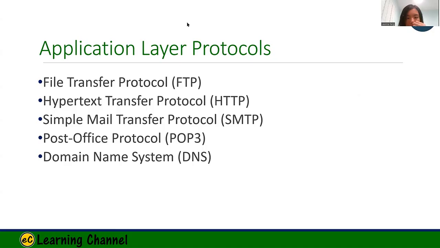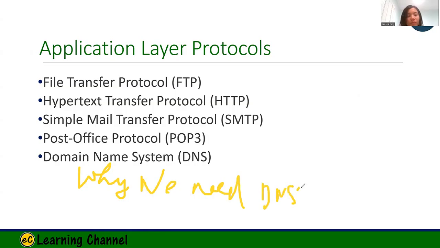DNS, what is DNS? It translates the names of domains into IP addresses. Why do we need that? So first thing is that you need to know what DNS is. DNS is, say, www.yahoo.com.